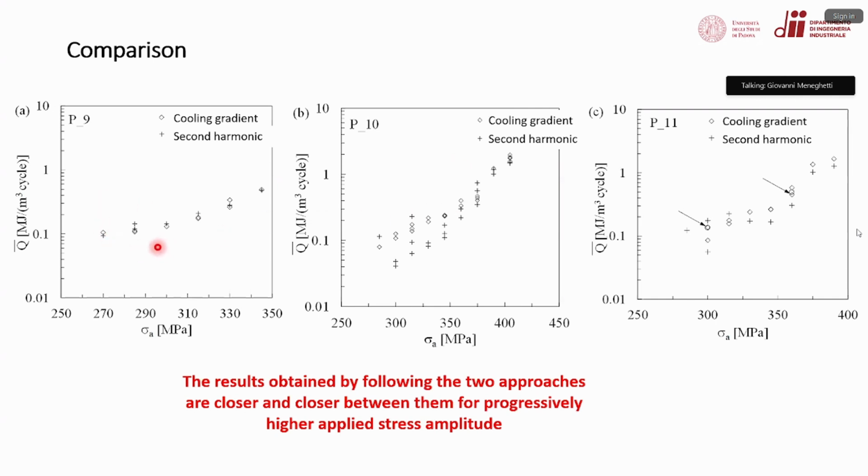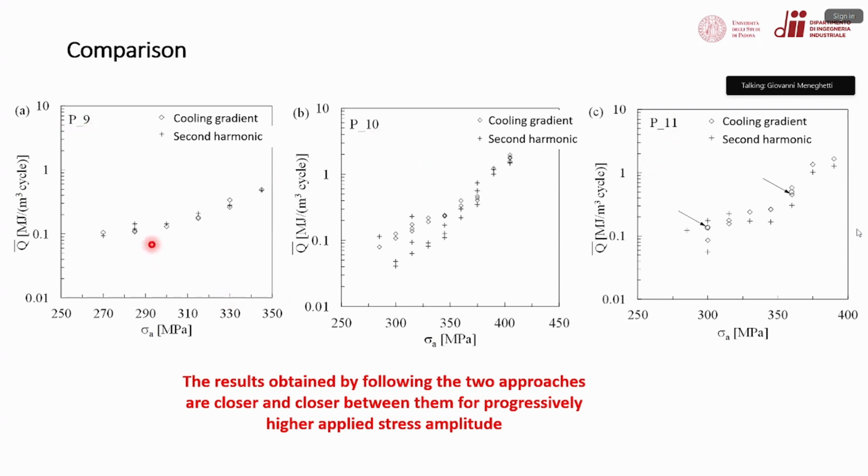Here you can see some comparisons between the cooling gradient estimations of the intrinsic dissipation and the second harmonic estimation for different specimens, the specimens P9, P10, and P11.